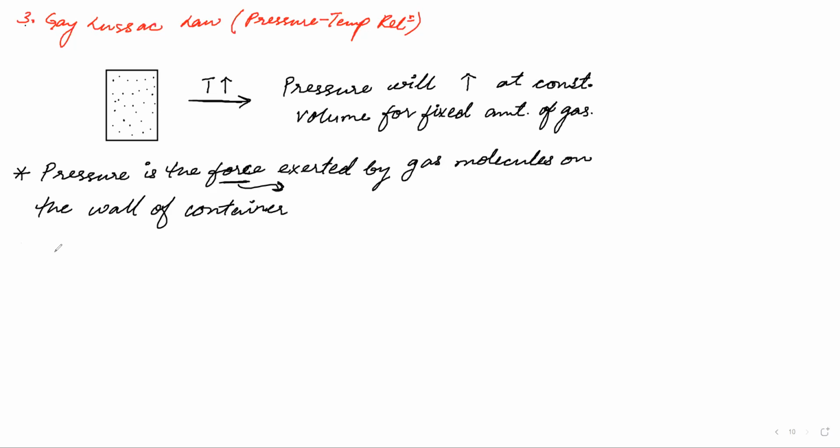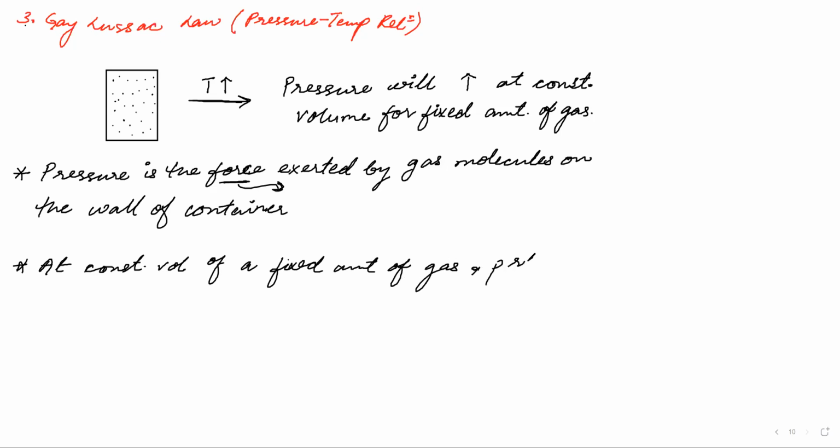So the Gay-Lussac law is nothing but: at constant volume, for a fixed amount of gas, the pressure varies directly with temperature.